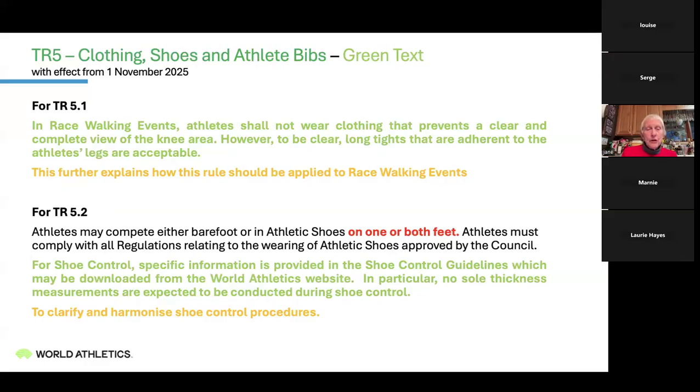For shoe control, specific information is provided in the shoe control guidelines, which may be downloaded from the World Athletics website. In particular, no sole thickness measurements are expected to be conducted during shoe control, unless a referee suspects that somebody's wearing shoes where the soles are too thick.